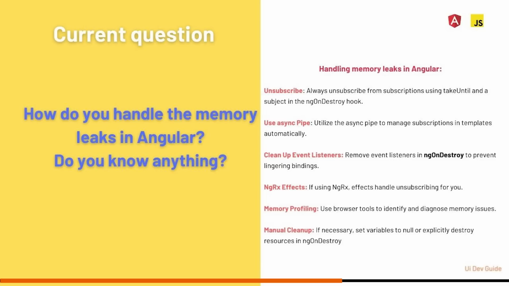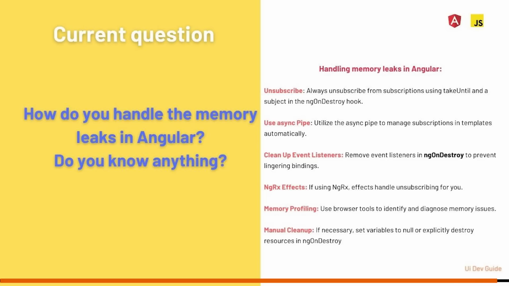With async pipe we need not subscribe and unsubscribe manually. So we can just create the property with async, and the data type of that property should be observable, not the type any. Yes, it should be observable. Then only async will work with it.